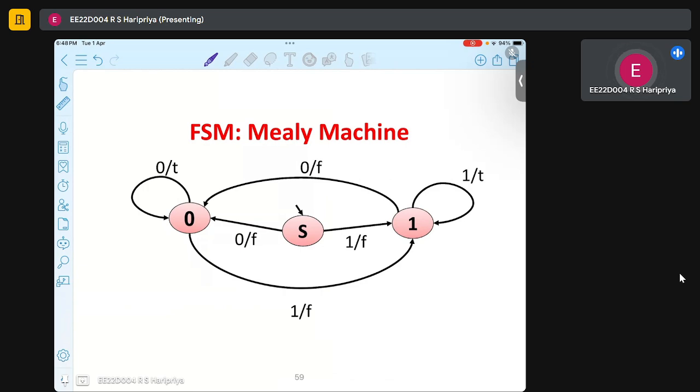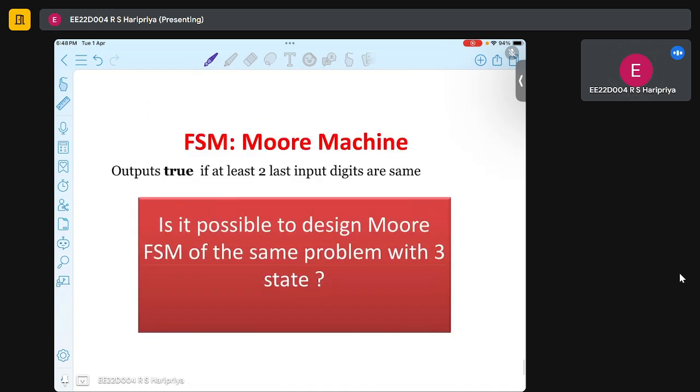This is another example for a Mealy machine. So the output is shown here with this present state and this input, the output is true. So the output is true if the last 2 bits are the same.